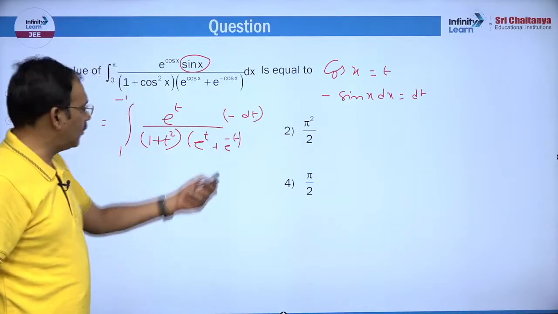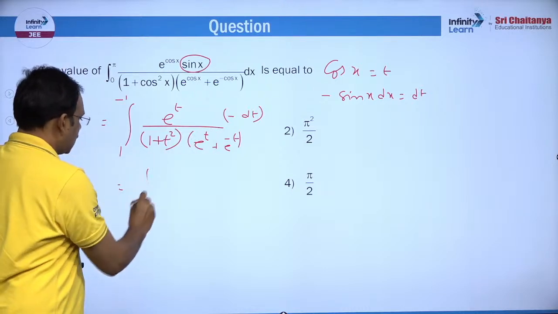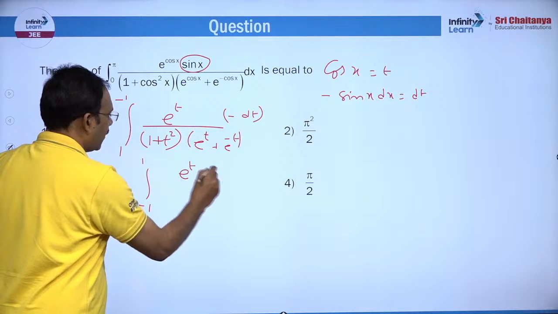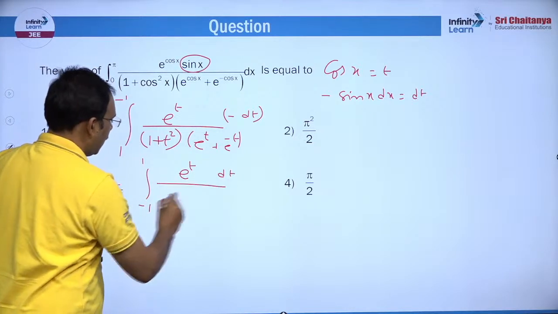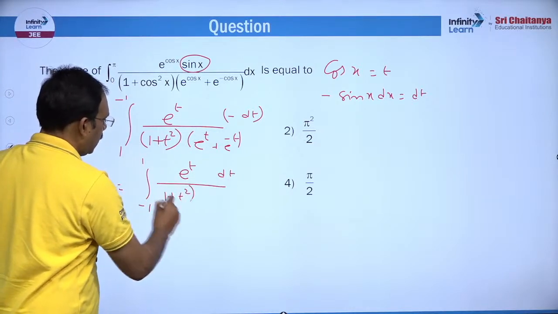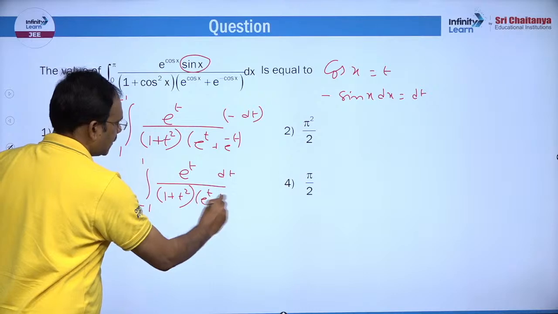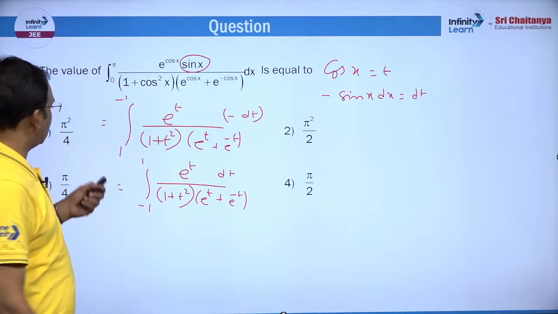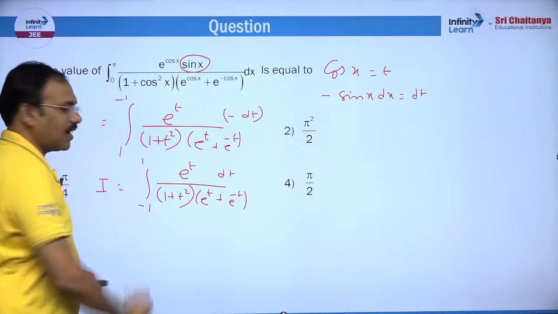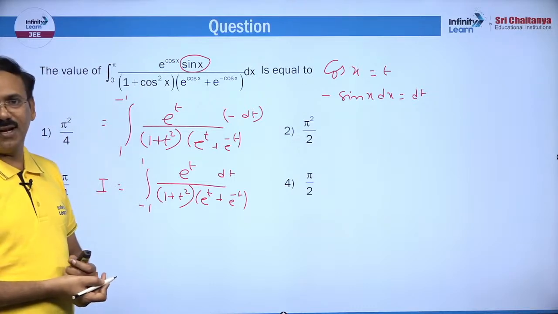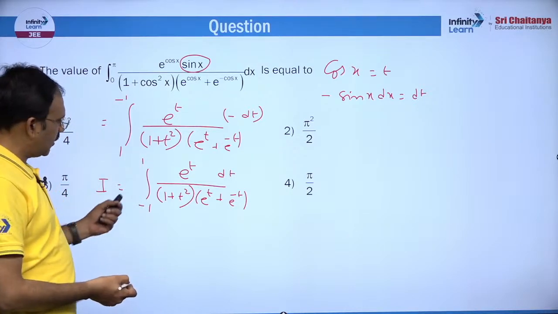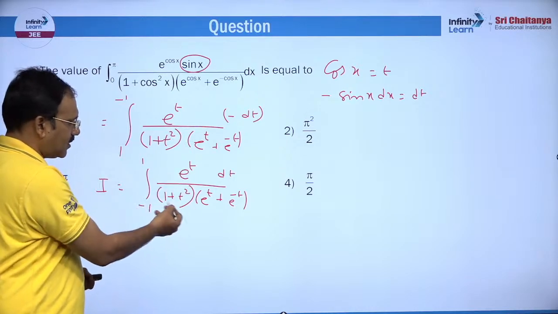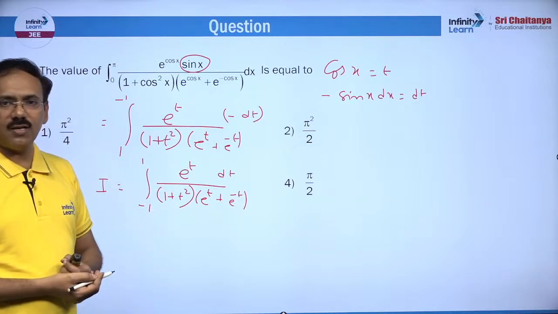Now, this minus I change limits from -1 to 1, so we get the integral of e to the power t dt by (1 plus t square) into (e to the power t plus e to the power minus t). At this stage, let me take this integral as I and apply King's formula, that is a plus b minus x. Here you will get e to the power minus t with the denominator almost the same.